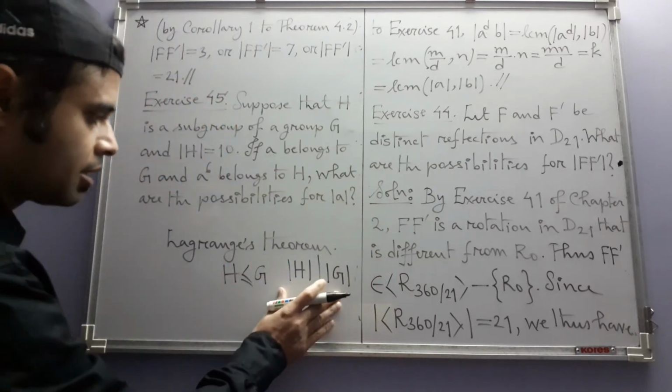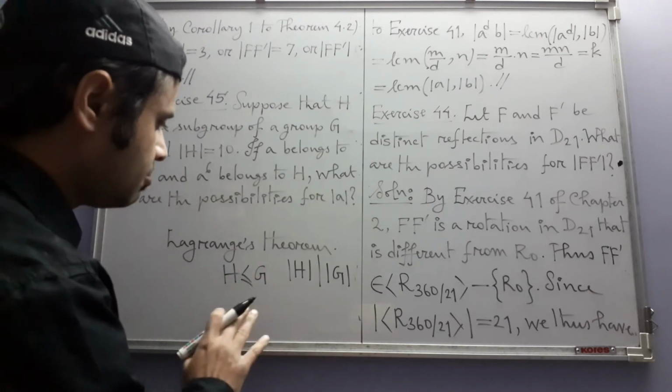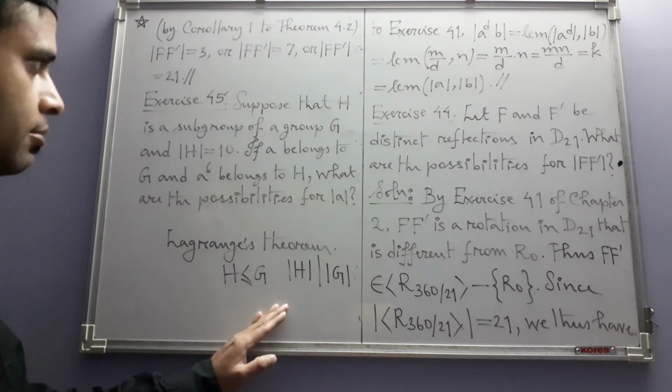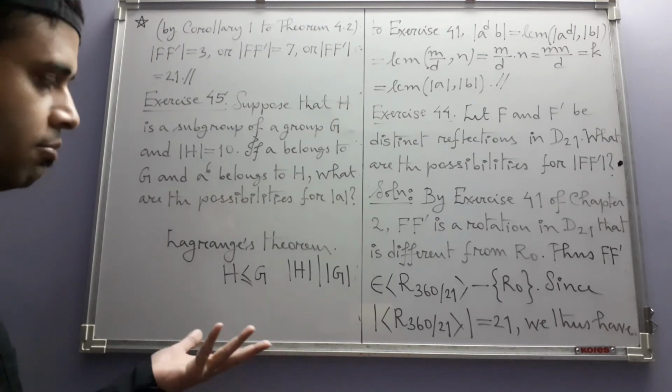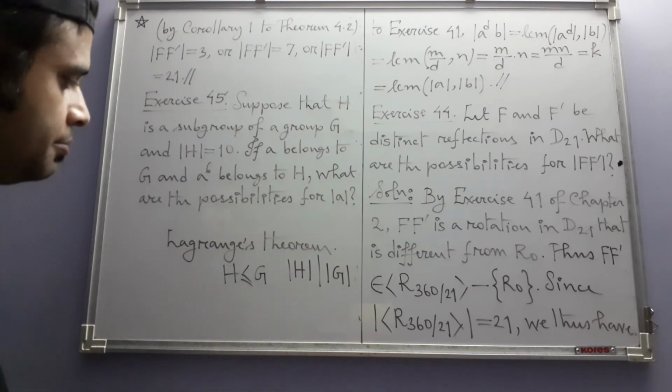Okay, and this makes life very easy. Now, since we don't have this theorem, we have no right to use it, of course, because we are not supposed to know it yet.